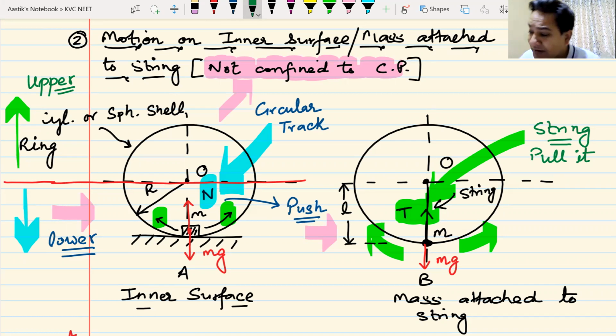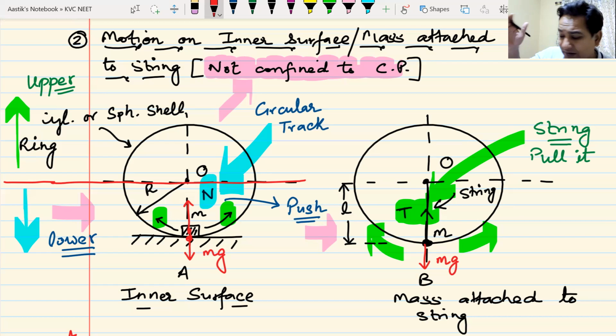Let us also name some points for our better understanding. Either I name them on figure A or on figure B, it doesn't make any difference. In figure A, whatever is being done by normal reaction, in figure B is being done by tension. Here it is N, there it is T, the rest is all the same.